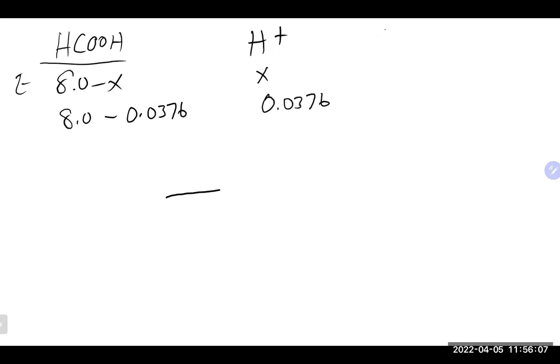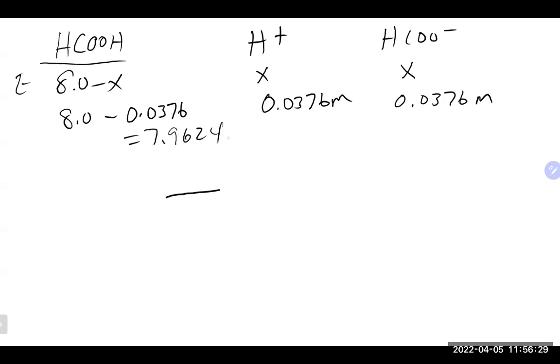And for the formate there, it was also X, I believe. So that is 0.0376 molar. And that means that this guy would end up being 8 minus 0.0376, and we'll call it 7.9624.